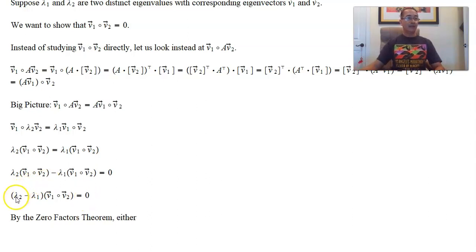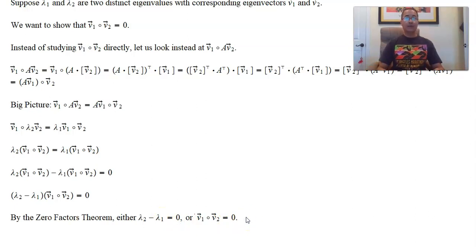either lambda 2 minus lambda 1 is 0, or V1 dot V2 is 0. So there's one possibility, one other possibility. Oh, but wait a minute. Is this really a possibility? No. Because lambda 2 is different from lambda 1.